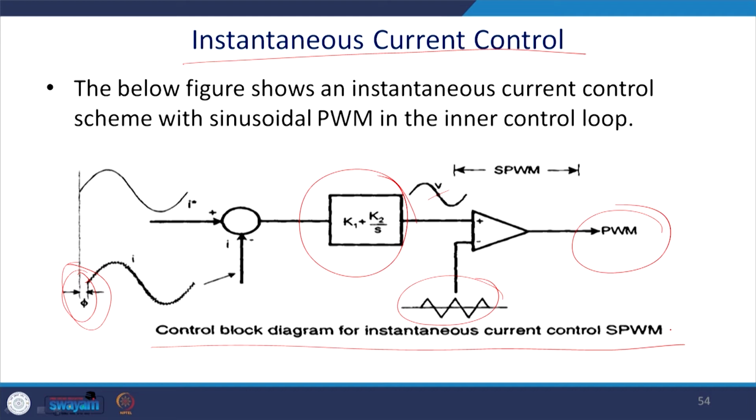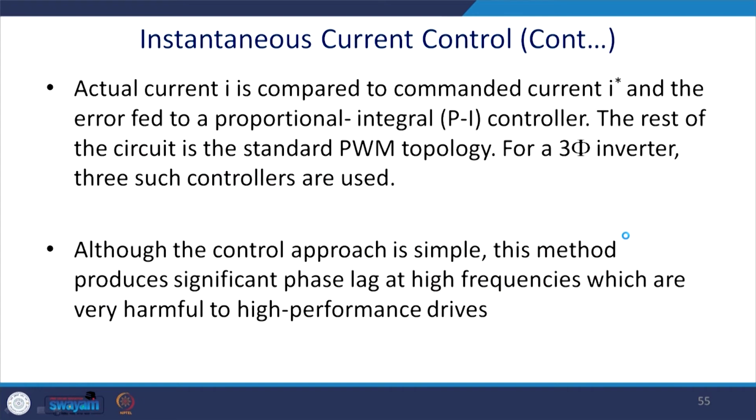This can also be used for shunt active power filter. You know that the shunt active power filter reference is something like this. This is the harmonic part of it and we require to track it, and this is the way it can generate pulses for the shunt active power filter.